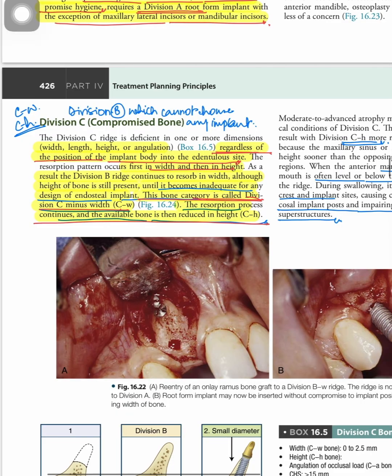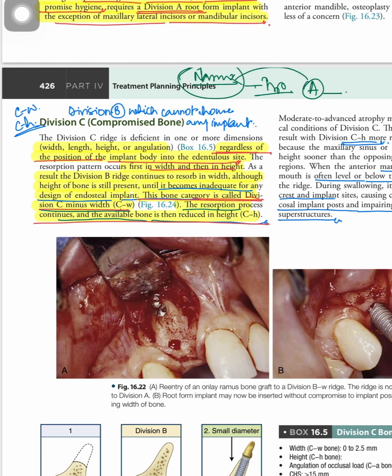All right, so next we move to division C bone. How is division C bone different from division B bone? So far we have seen that if you use a narrow implant, the type B bone can become a type A bone for that particular implant.